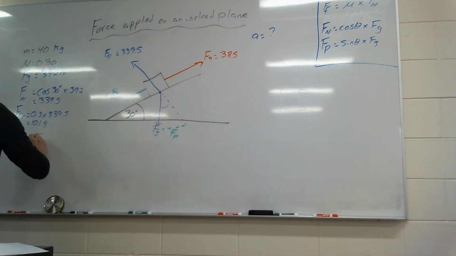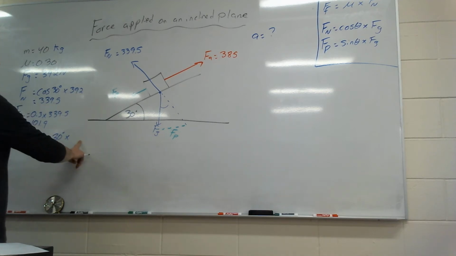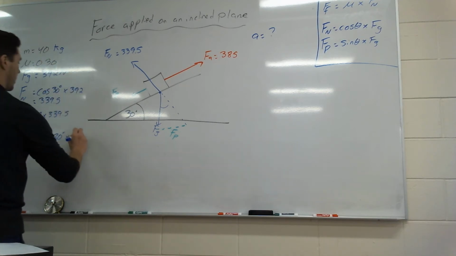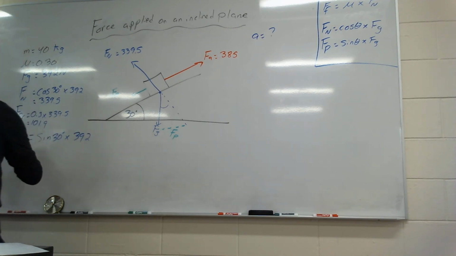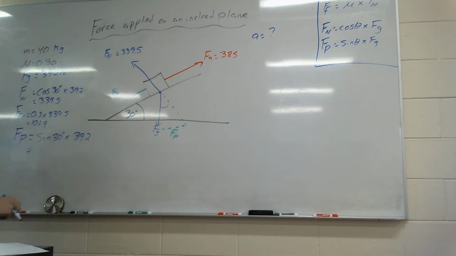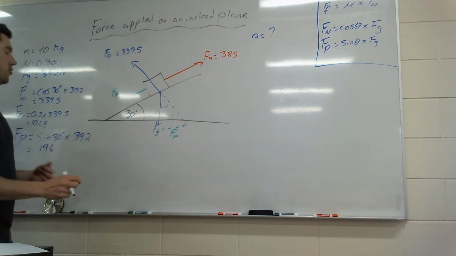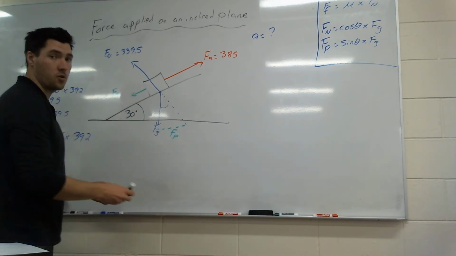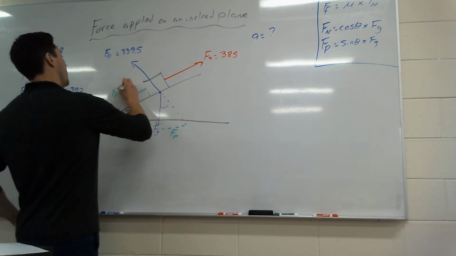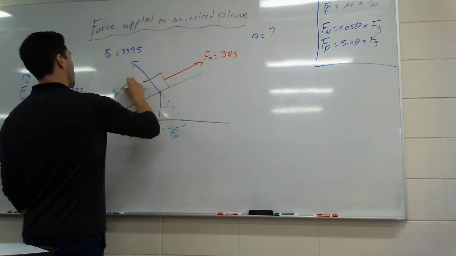So sine of 30 degrees times force of gravity, 392. When I do that, I get an answer of 196. I can put the arrow in now, because that is going down the hill. 196.